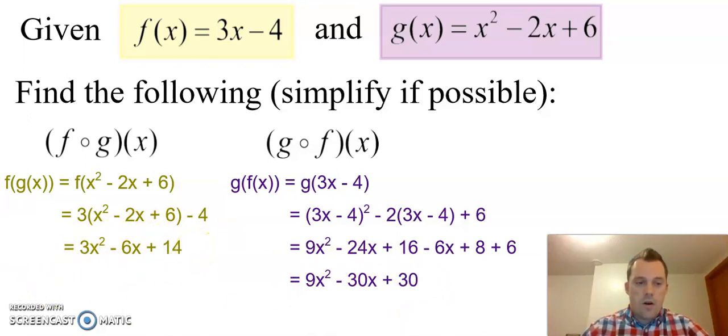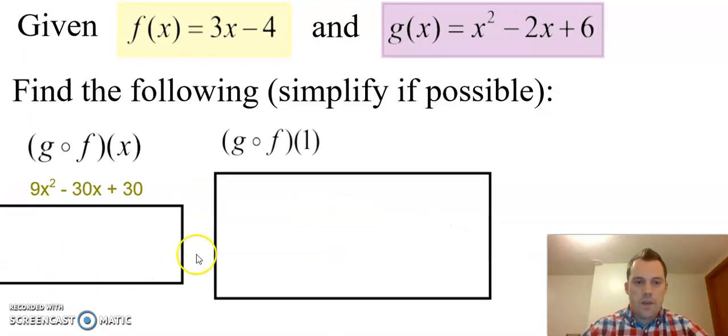Now what's a little bit simpler is when we have an input that is an actual numeric value. So this is asking us for g of f of 1. Recall that g of f of x gave us 9x squared minus 30x plus 30. We're going to come back to that. I think typically you're going to see compositions where you've got a number as your initial input.